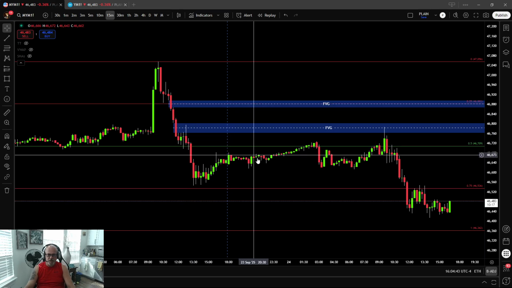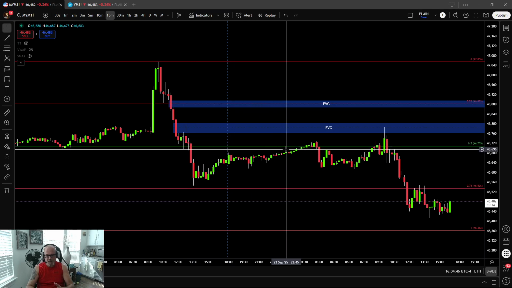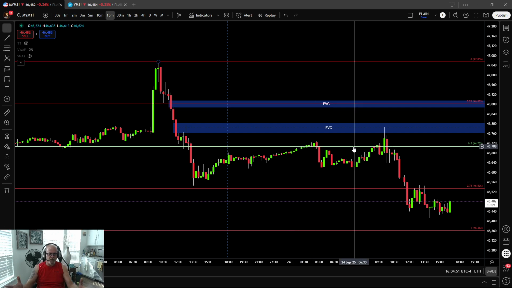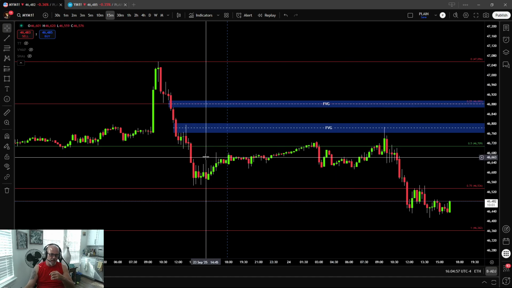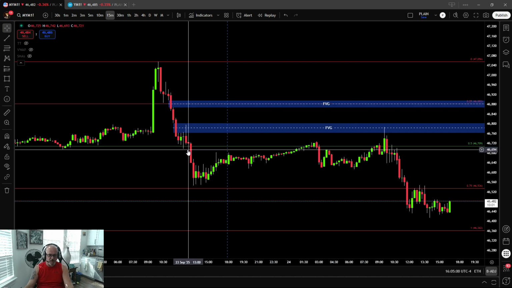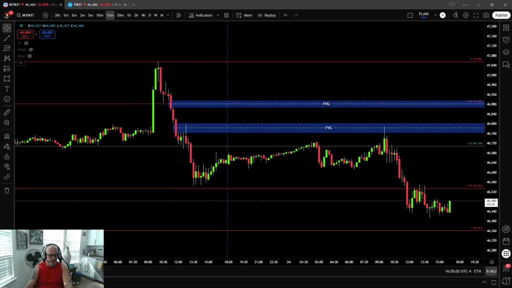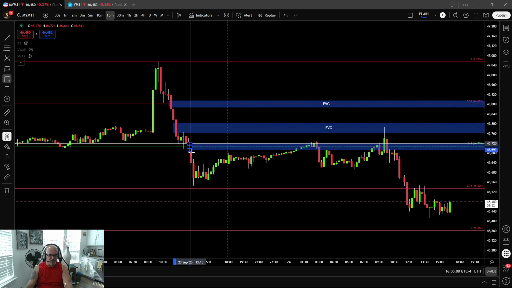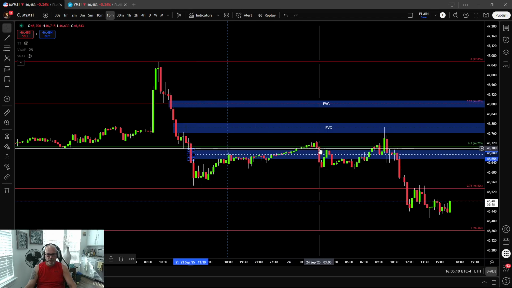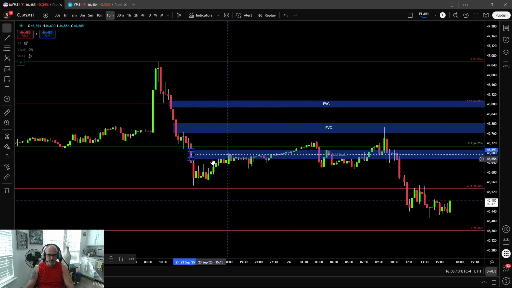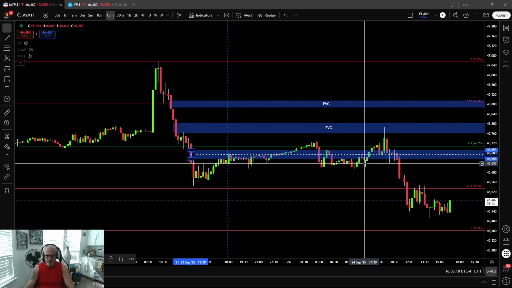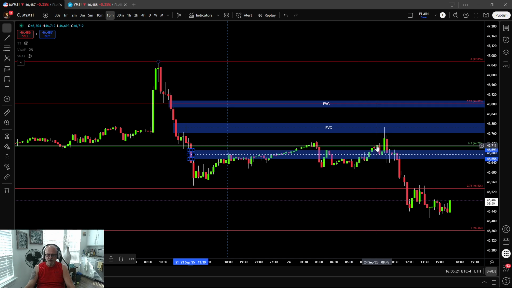Now, the 50% equilibrium level is where a lot of consolidation can happen and will happen, okay, because that is balanced price for the range that we are looking at.